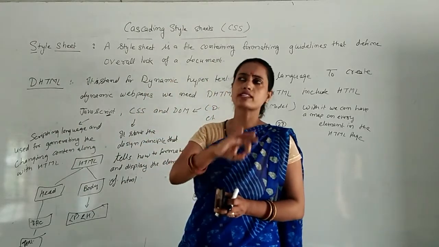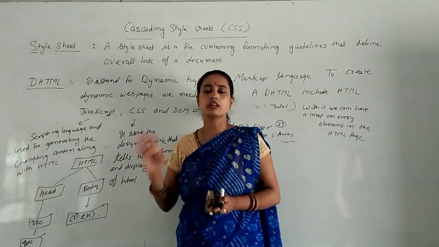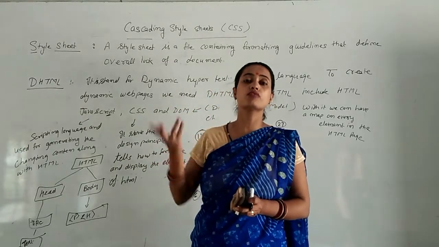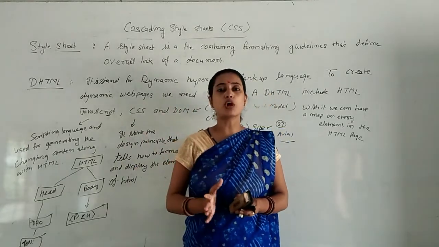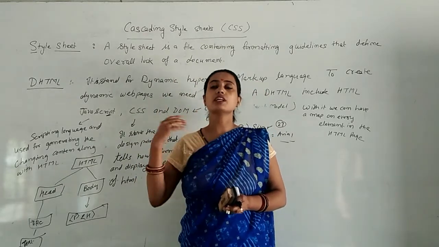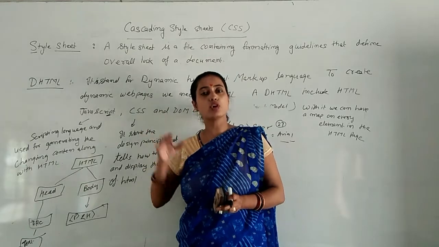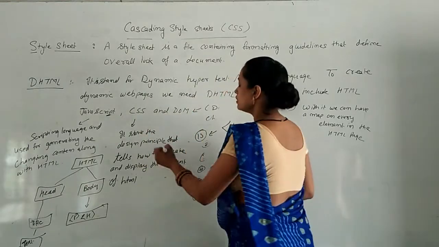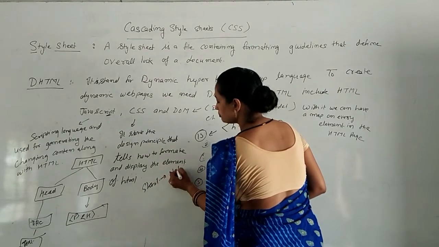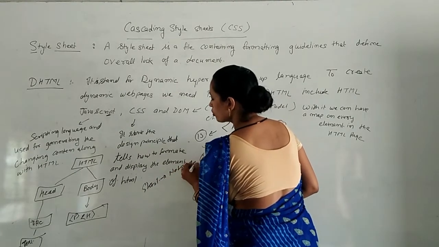There is no extra software required for this. As for creating a web page in HTML, we use Notepad and simply write HTML. Likewise, for creating CSS, we also use only Notepad. You use the start button, then go to Notepad.